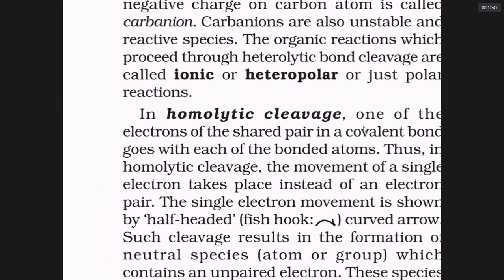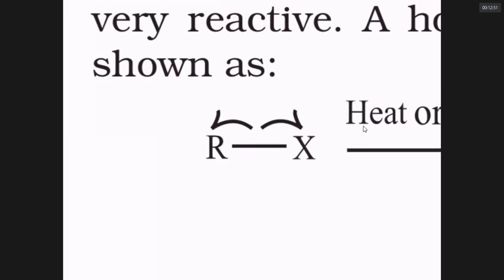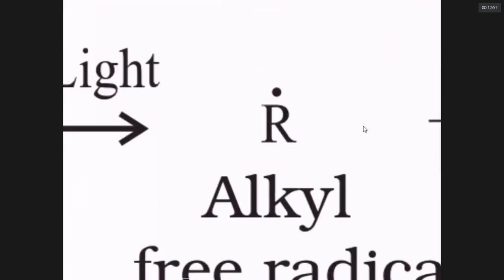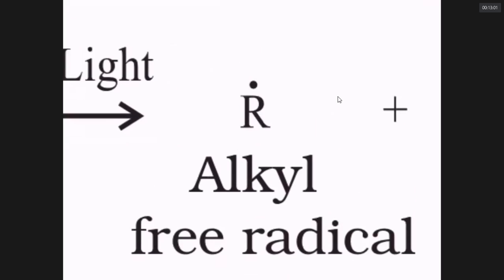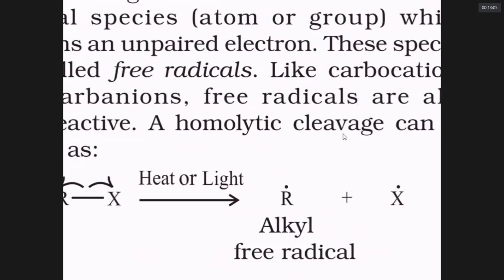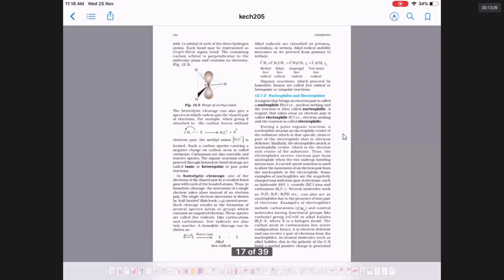If a bond is breaking such that both atoms are getting one electron, it is indicated by a fish hook arrow. R gets one electron and X gets one electron. A species which has one electron is called a free radical. The order of stability of free radicals is exactly the same as the order of stability of carbocations.